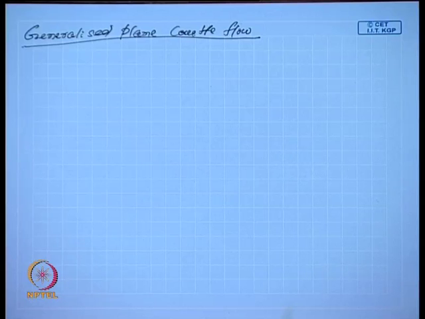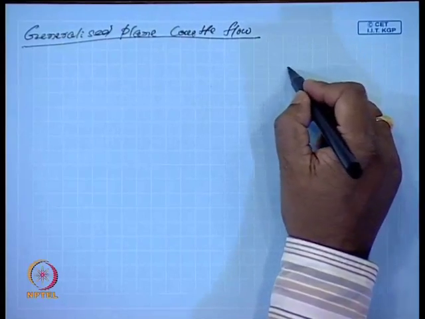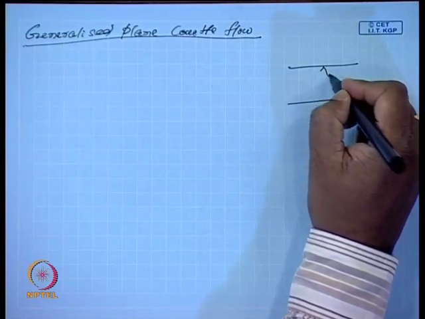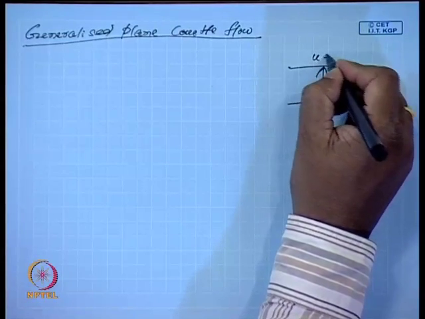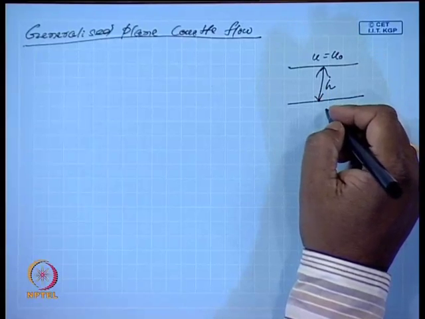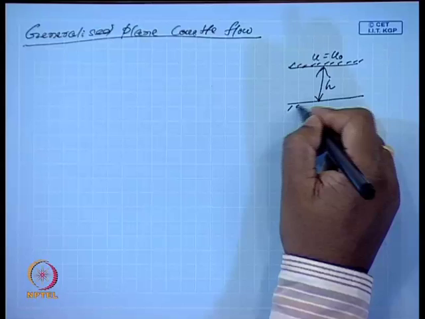In case of a plane Couette flow, we have taken two plates at distance h, where the upper plate was moving at a uniform speed u is equal to u naught, whereas the lower plate is kept fixed.